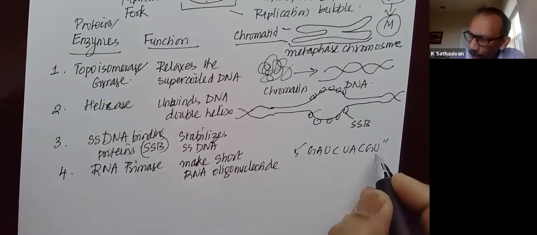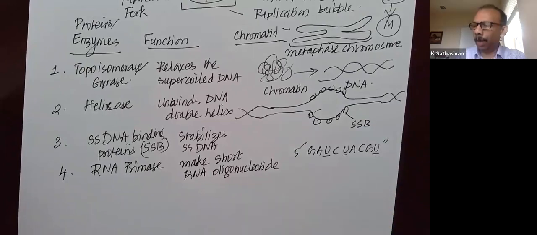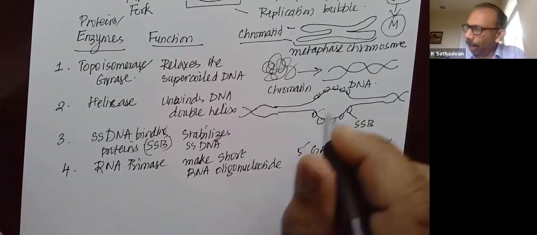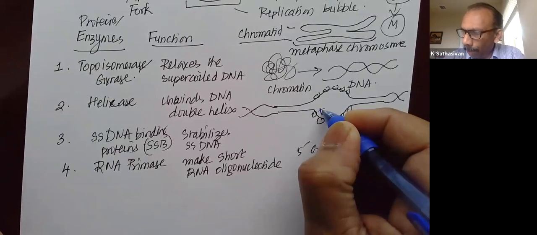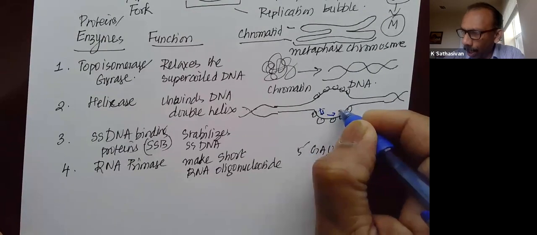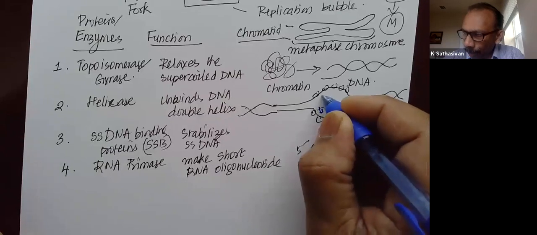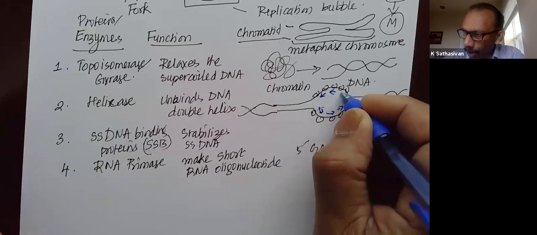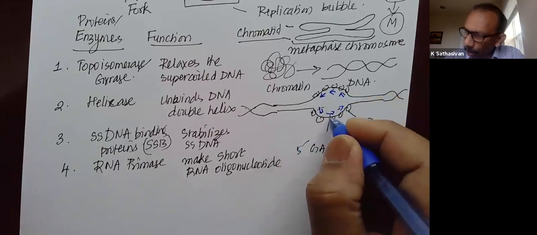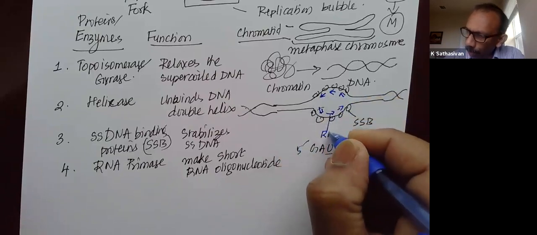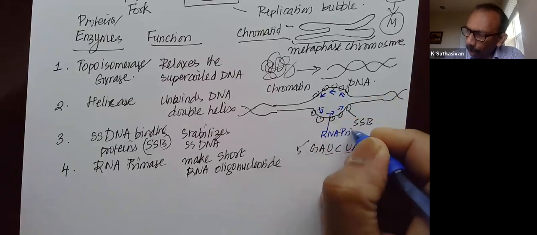This contains uracil instead of thymine. That's the RNA primer. And they will go and bind to this DNA to start the DNA synthesis, and we will see those primers. These are the RNA primers. Okay, so I'm going to keep track of that.